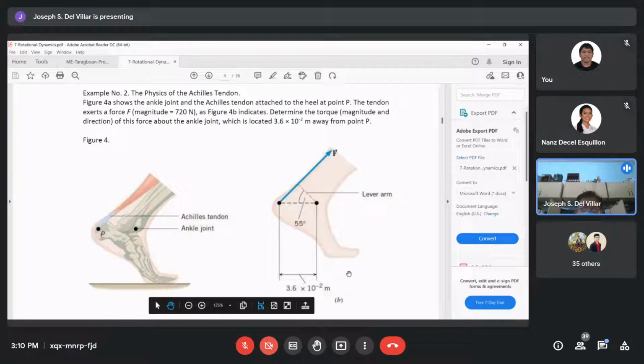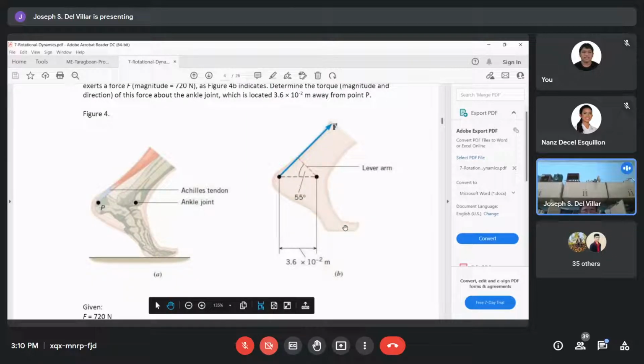Now, it is also given that the distance between point P and the ankle joint, the horizontal distance, is 3.6 times 10 to the negative 2 meters. Or this is simply 0.036 meter. Okay? So masyadong maliit, kaya in-express in terms of scientific notation. Okay, so that is 0.036 of a meter.